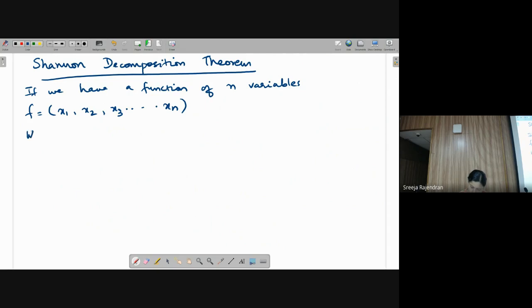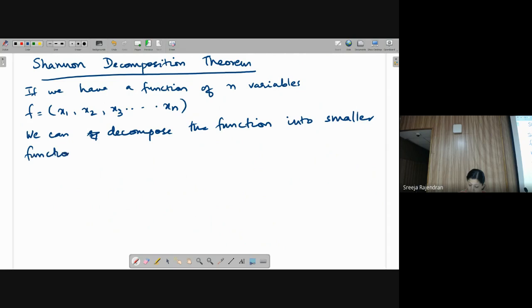You can split or decompose the function into smaller functions with respect to one of the n variables.